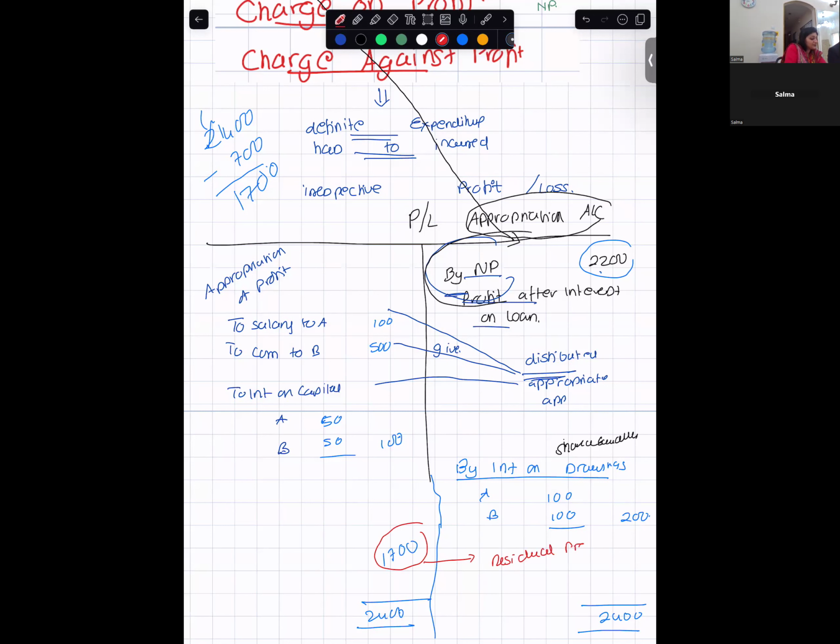Which profit is it called? Residual profit, or it is called your net divisible profit. This profit you will distribute as share of profit to A and B. How much is the 50%?